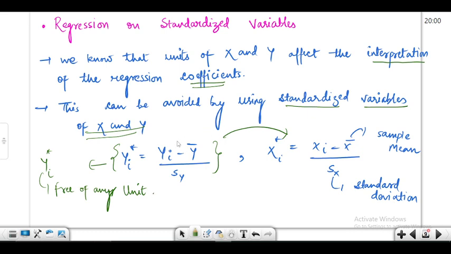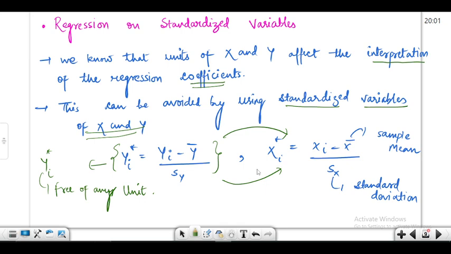Because the unit of the value above is the same as the unit of the value here, so these units cancel out. What I get is a value that is free of any unit. The same logic applies to x also. That is how we get rid of the units, and that is why they do not affect the regression coefficients or their interpretation.